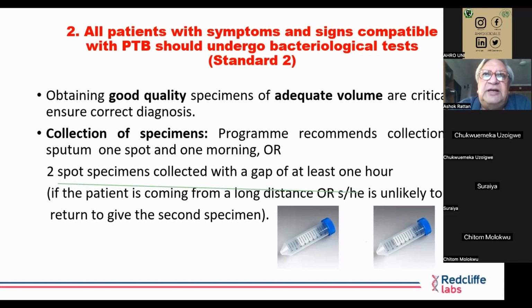That is the early morning specimen, which is likely to be positive because it represents a longer duration of collection of the respiratory secretion. But you can get this sample only if you have given a tube to the patient, so that he has the tube with him when he gets up in the morning and clears his throat.